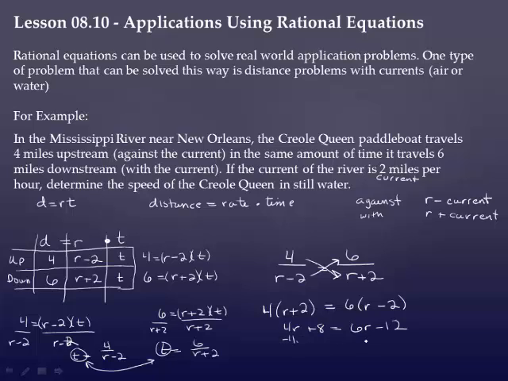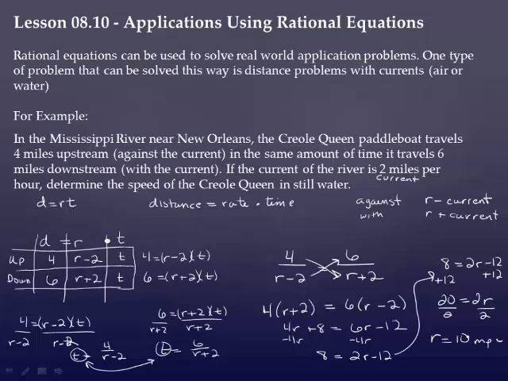If I subtract 4r from both sides, I get 8 is equal to 2r minus 12. Add 12 to both sides, and I get 20 is equal to 2r. Divide both sides by 2, and r is equal to 10, and that would be 10 miles per hour. And this is the speed of the boat in still water.